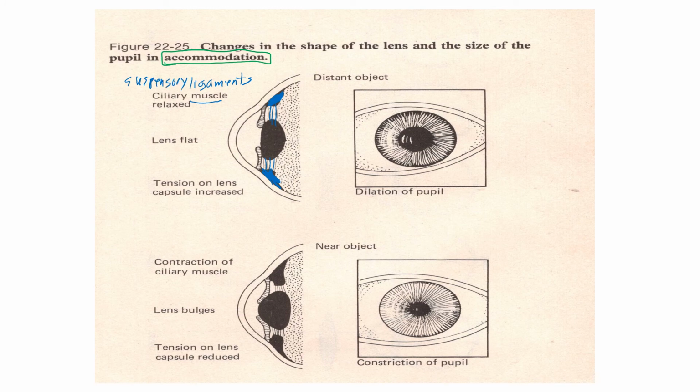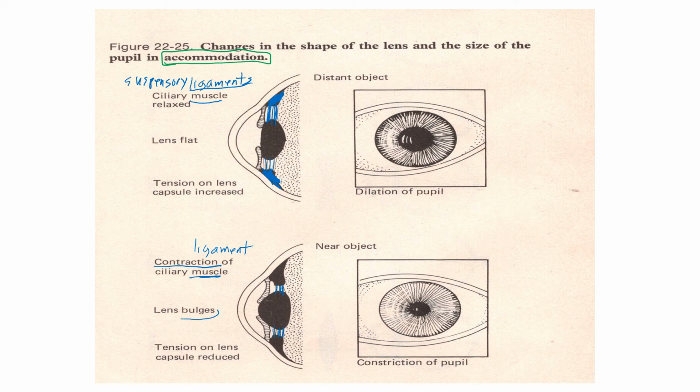If this muscle is relaxed, the ligaments are tighter. Down in this one, if the muscles are contracted and tighter, the ligaments are looser.